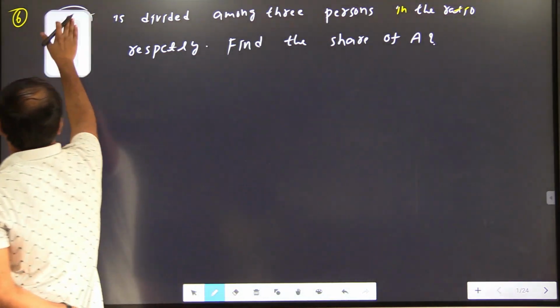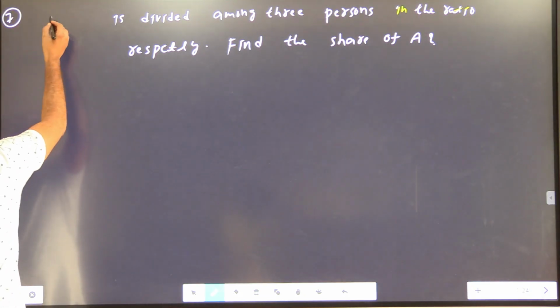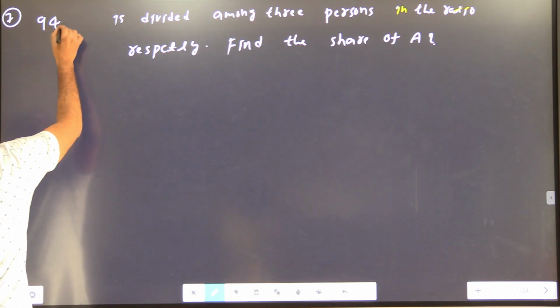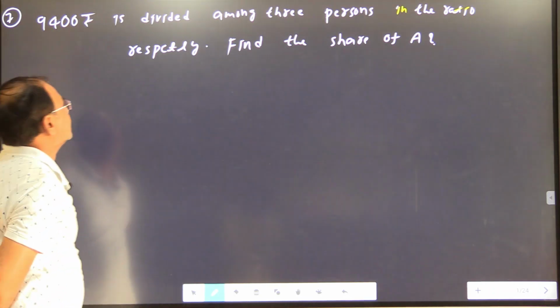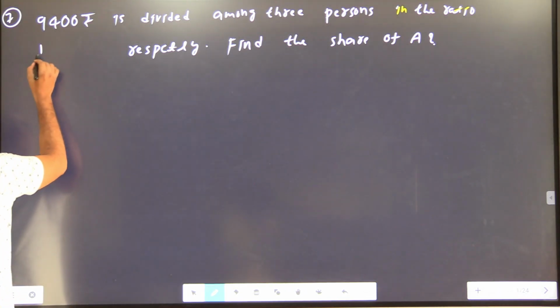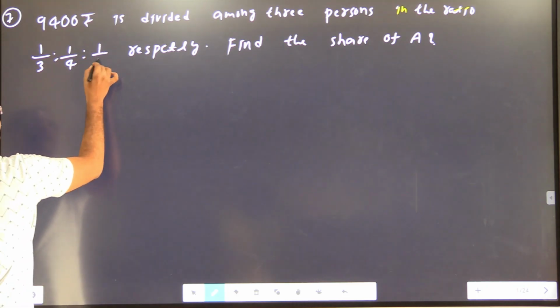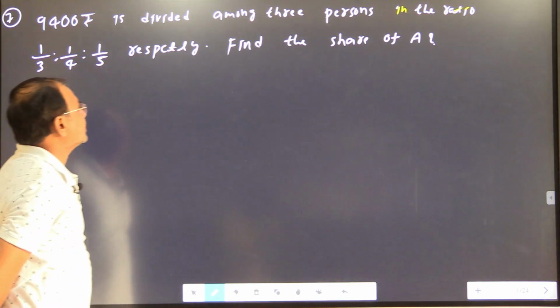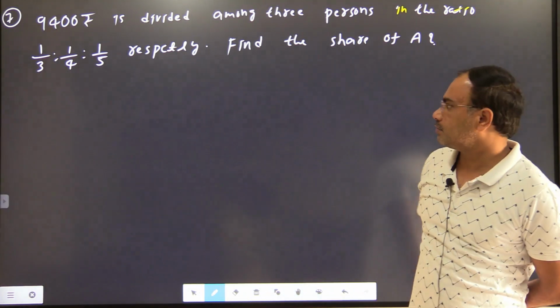Next question. 9,400 rupees is divided among 3 persons in the ratio 1/3:1/4:1/5 respectively.